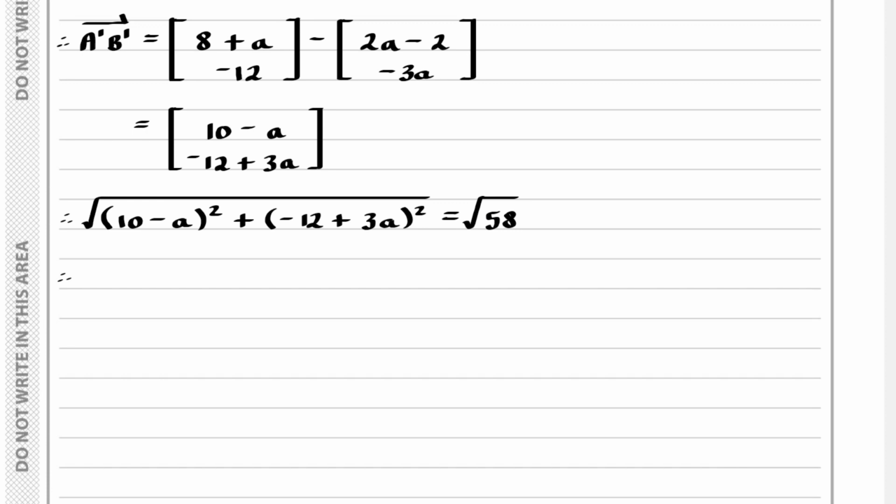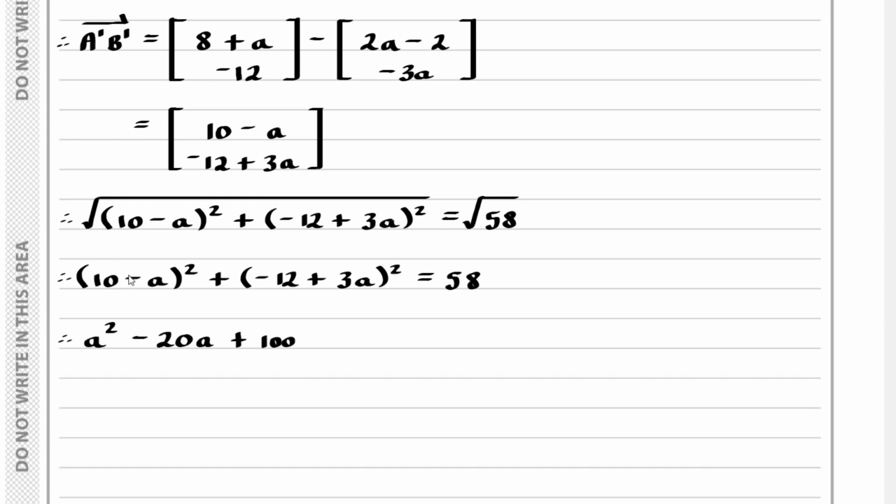And if I square both sides, I've got 10 subtract a all squared plus negative 12 plus 3a squared equals 58. And expanding this bracket, I've got a squared subtract 20a plus 100. And expanding this bracket, I've got 9a squared subtract 72a plus 144. That's equal to 58.